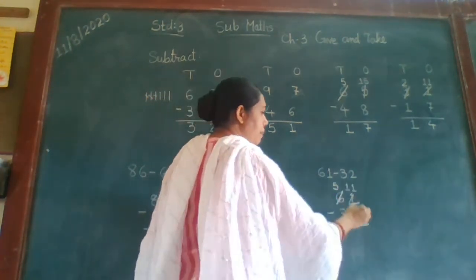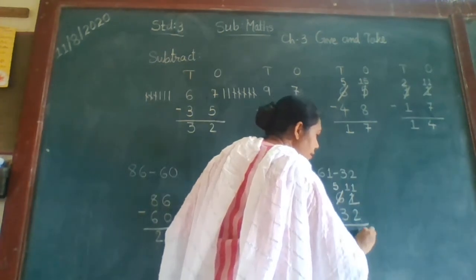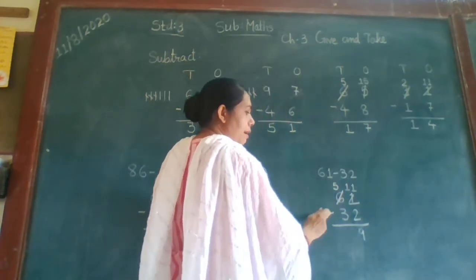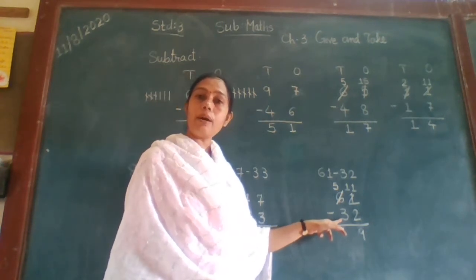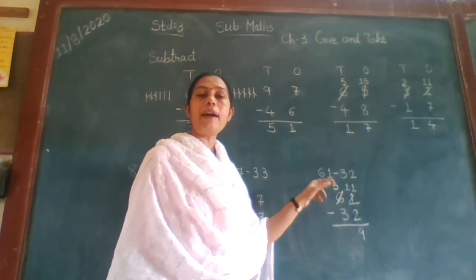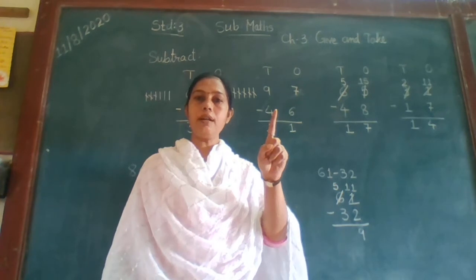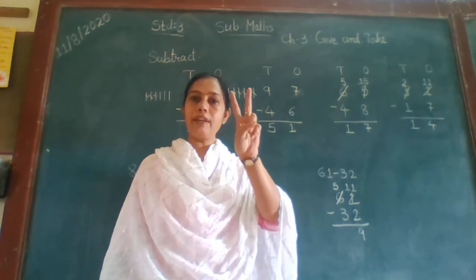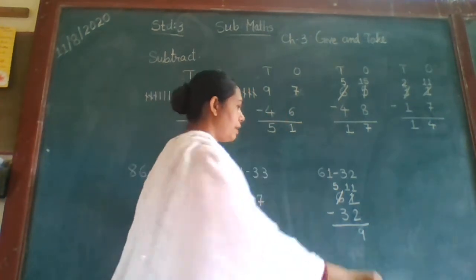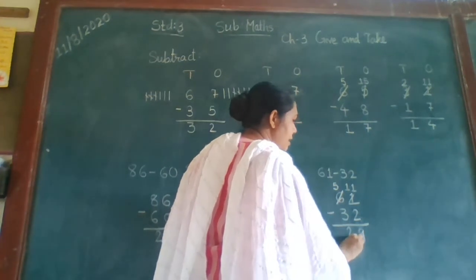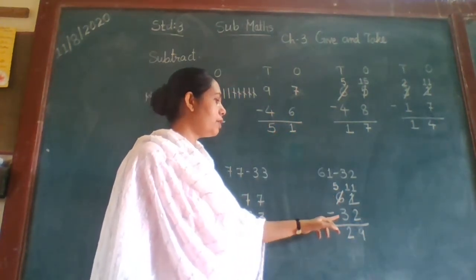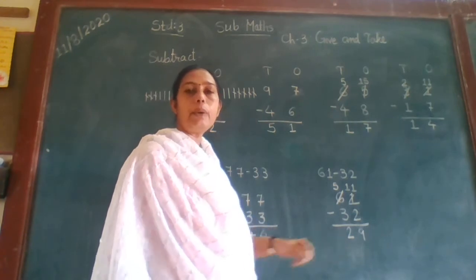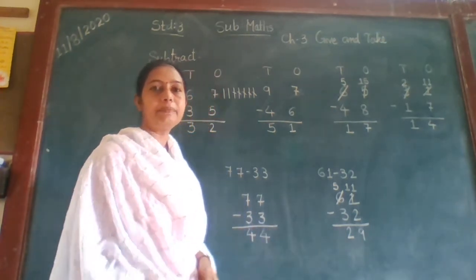So 11 minus 2 is equal to 9. And 5 minus 3. So after 3 we have to count the fingers till 5. So after 3: 4, 5. How many fingers did you get? 2. So therefore you have to write on the answer place: 61 minus 32, the answer is 29.